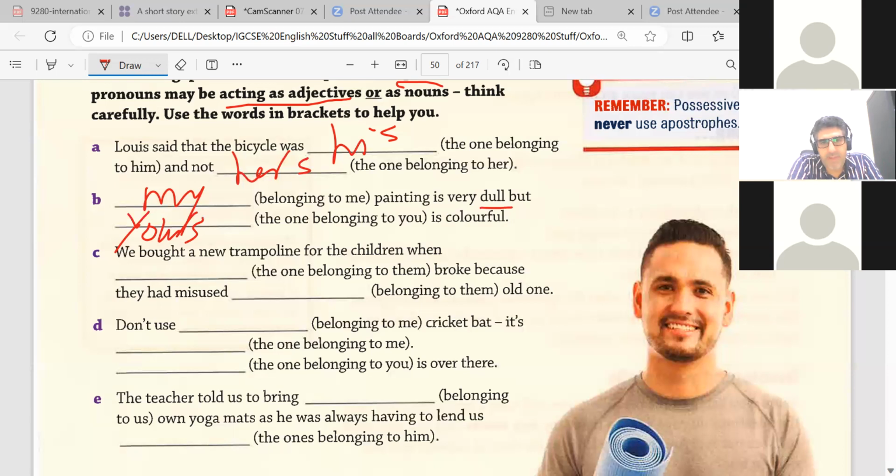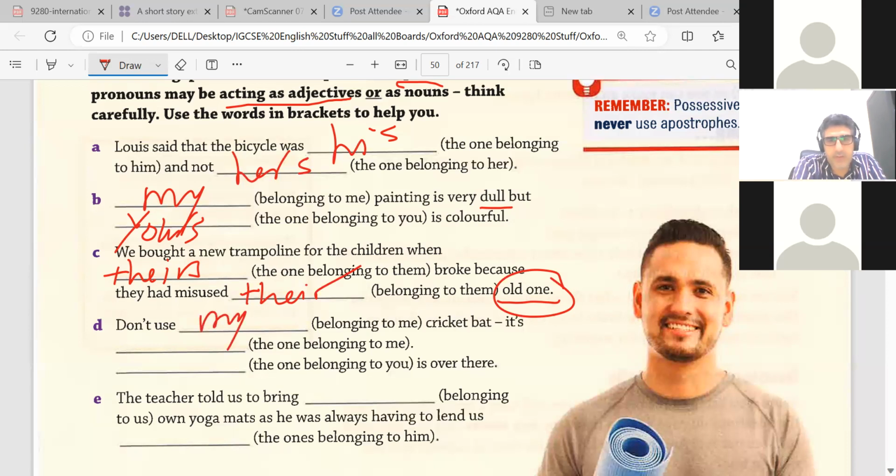Okay, Akram. We bought a new trampoline for the children when theirs broke because they had misused it. Theirs, because they misused the old one. Yes, perfect. The first one is theirs, not there. Remember, there always has the letter n after it, as we agreed. Okay, Khalid.